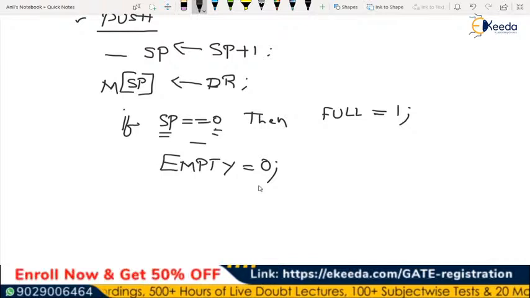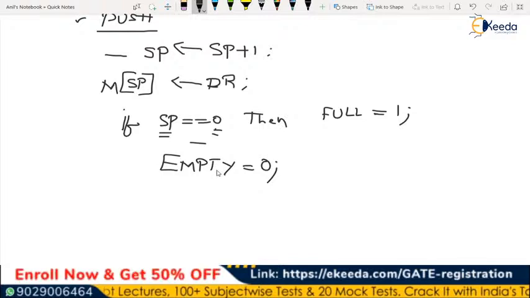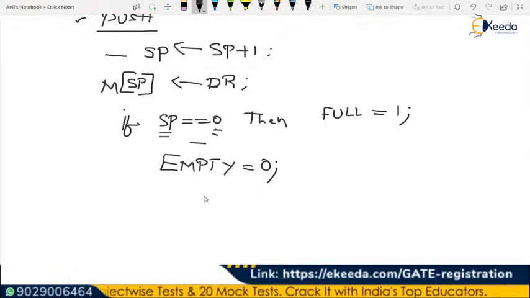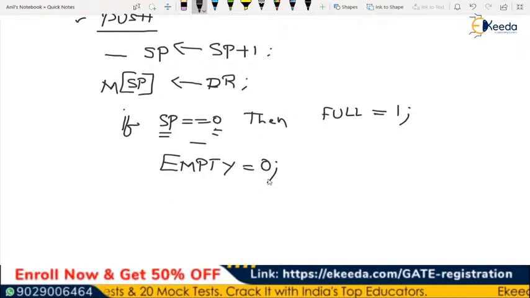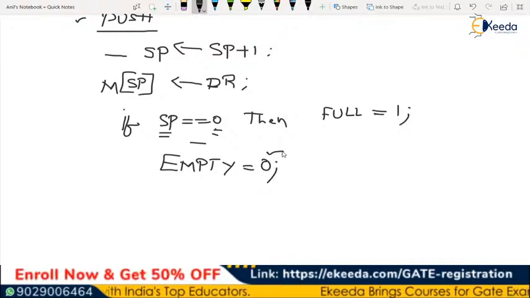Did I make myself clear? Either full or empty, only one could be 1 at a time, but not both, right? So when full is equal to 1, you ensure that you set empty to 0. Got me? Good.